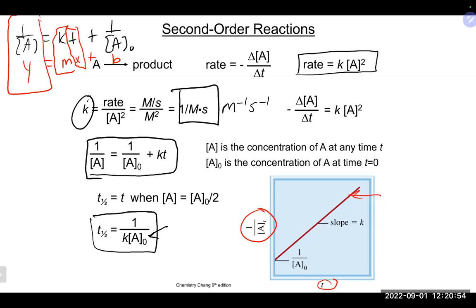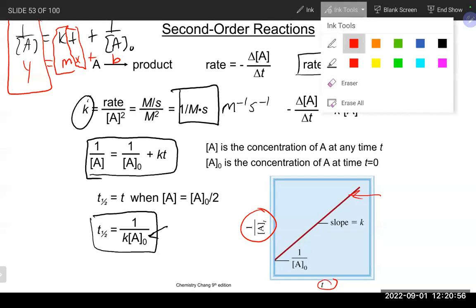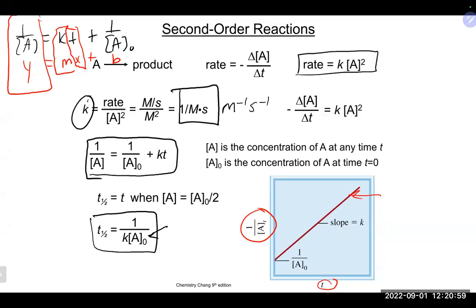So much like our first order, there are several things that you should definitely know for second order. Once again, the appropriate units associated with the second order, our rate law that helps us understand concentration versus time, the half-life equation, and the graph that is associated with a second order reaction.